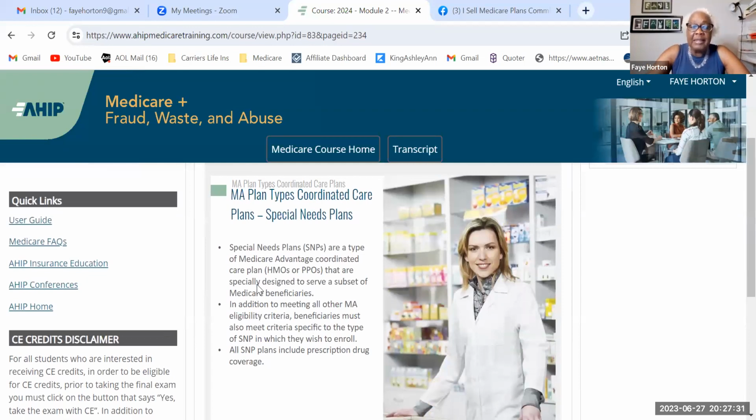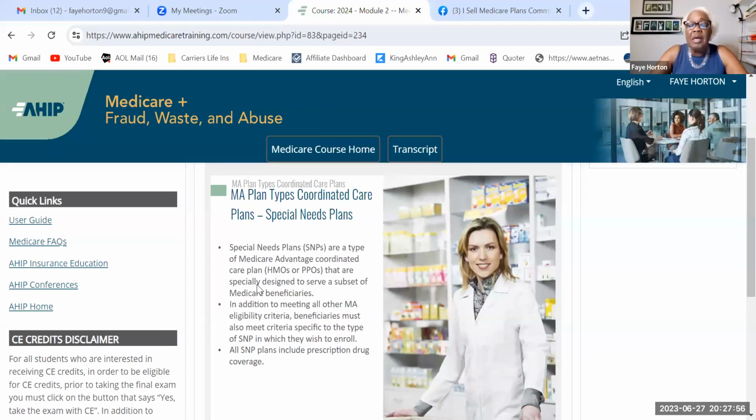Special needs plans, or what we call SNPs, are a type of Medicare Advantage coordinated care plan. It can be an HMO or a PPO, and they're specifically designed to serve a special subset of Medicare beneficiaries.